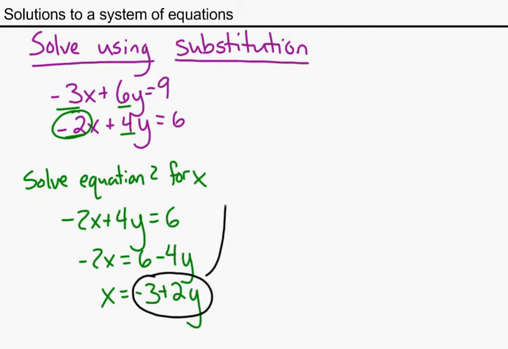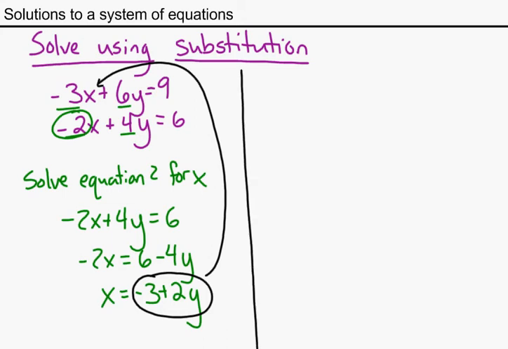So I'm going to take this up to the first equation and plug him in for x. That gives me -3. What was once x is now -3 plus 2y plus 6y equals 9. This is one equation with one variable, which is way easier to solve.